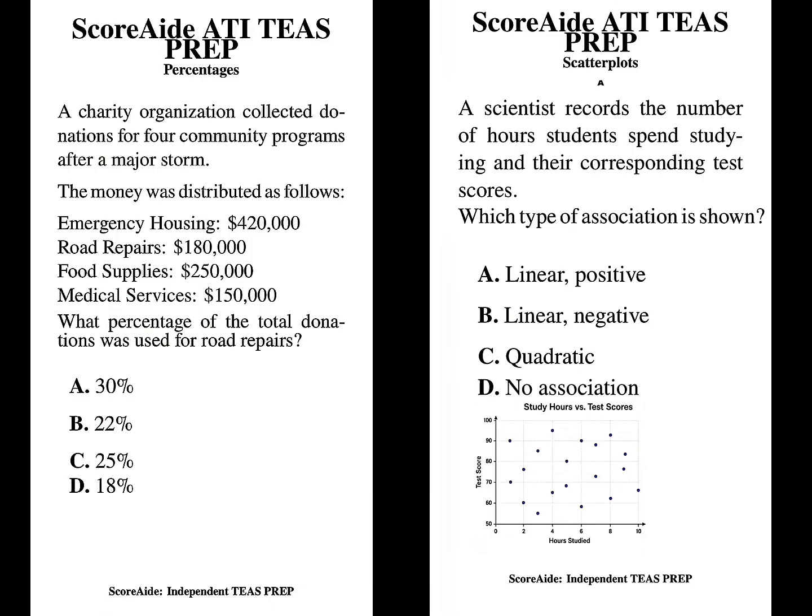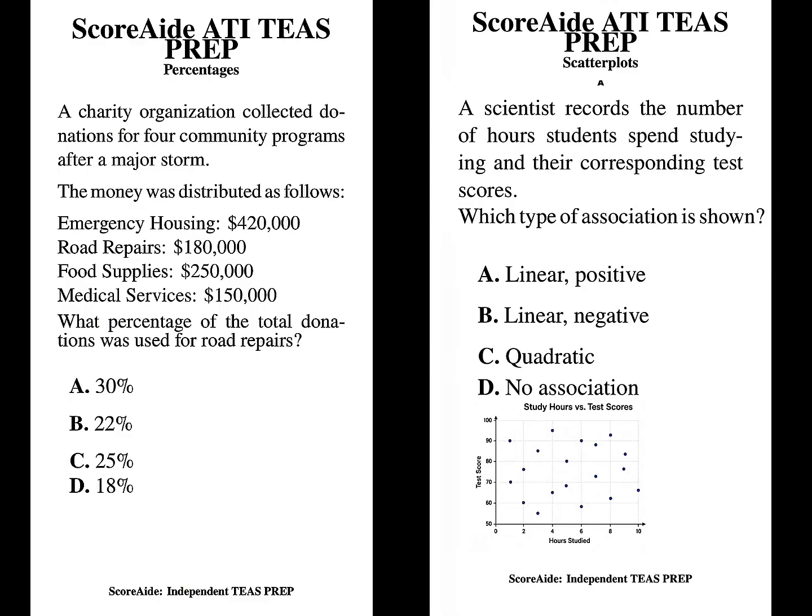A charity organization collected donations for 4 community programs after a major storm. The money was distributed as follows: emergency housing, $420,000; road repairs, $180,000; food supplies, $250,000; medical services, $150,000. What percentage of the total donation was used for road repairs?